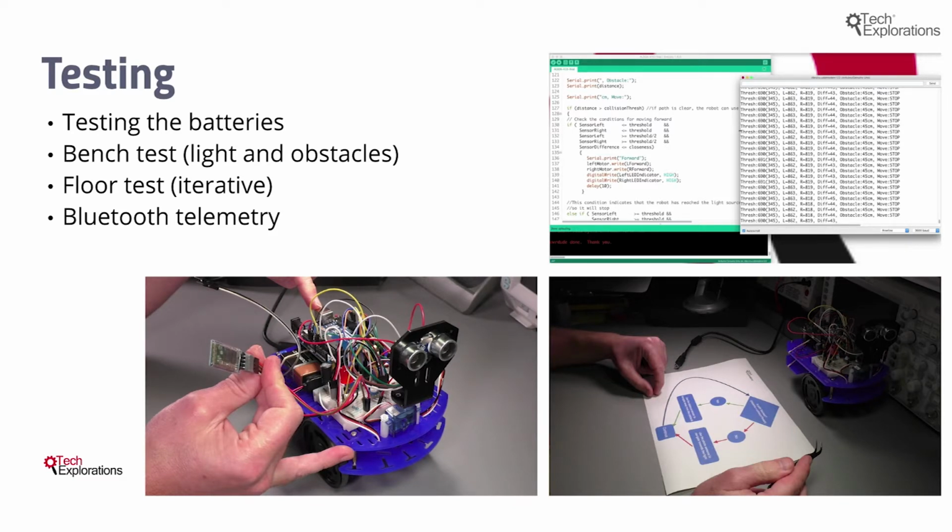That's when we'll discover problems, especially with the firmware part of the robot, and through a few iterations, trials and errors and modifications using information that we get from our tests, we will improve things until eventually our robot works in a satisfactory way. I'm also going to show you here how to use a Bluetooth module to implement a very simple wireless telemetry system.